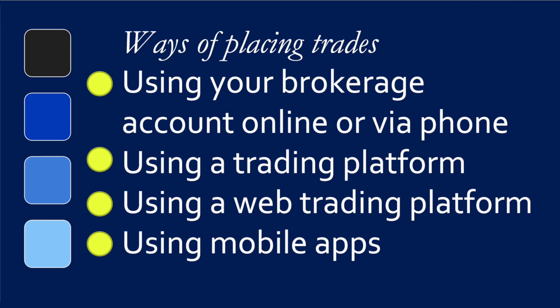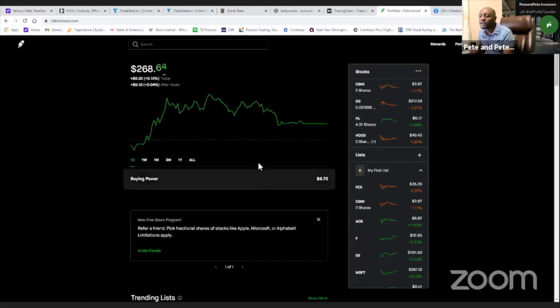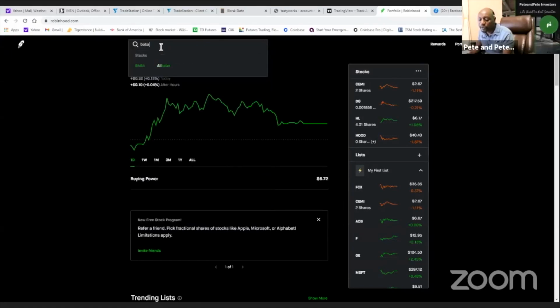So we had this discussion just a minute ago with Lucy. Robinhood does not have a trading platform. Most of their navigation is through the web or using the app. So if you wanted to buy something on Robinhood, all you have to do is search for that ticker symbol, and then you're going to be placing your trade there.